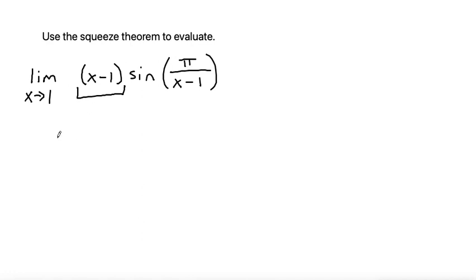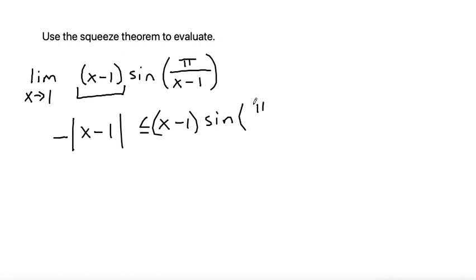We say that the negative of the absolute value of the quantity multiplied by the sine or cosine function would be less than or equal to the whole function, which is less than or equal to the positive of the absolute value of the function.